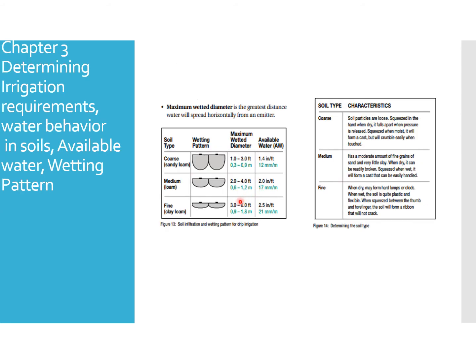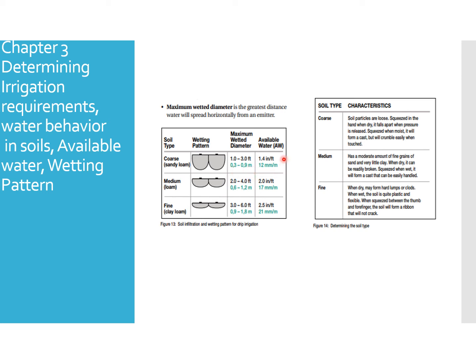Okay, in this figure 13 from the Rainbird textbook, it shows the wetted pattern for various types of soil. So for coarse soil or sandy loam, the wetting pattern is that it tends to go down more than it goes out. And in this example, they're showing the maximum wetted diameter is 1 to 3 feet.